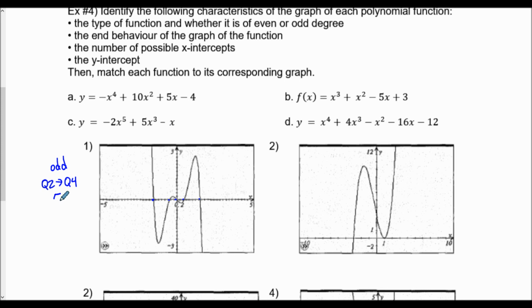This one, yes, it has 5 x-intercepts, and our y-intercept, it's really hard to read, but it's actually 0.